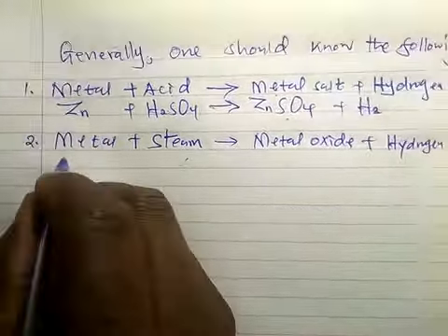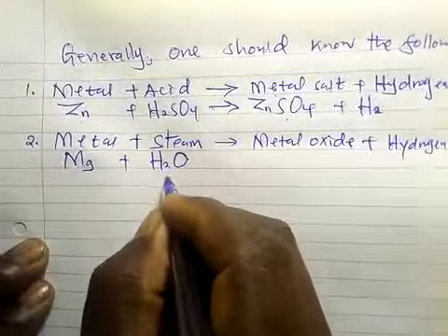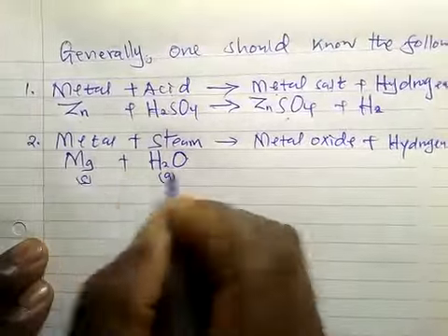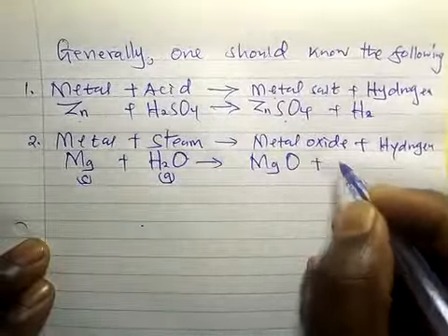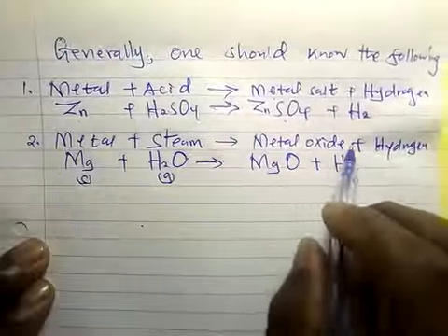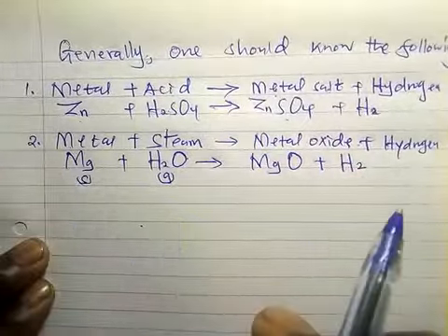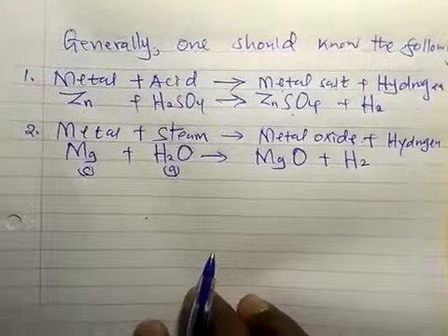For example, magnesium plus steam, we write it in gaseous form. It will form magnesium oxide plus hydrogen. So when you know this general information, it becomes much easier for you to write the products.